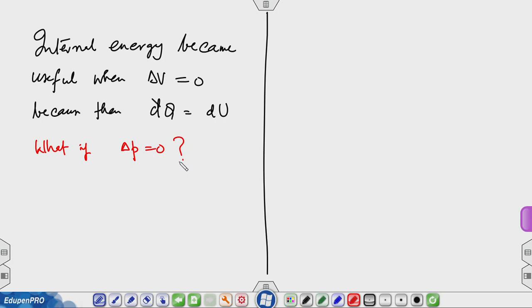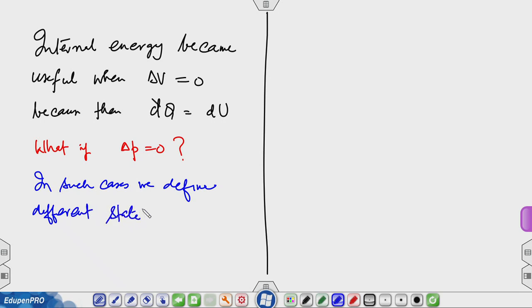In such cases, we define different state functions known as thermodynamic potentials and get their meaning.